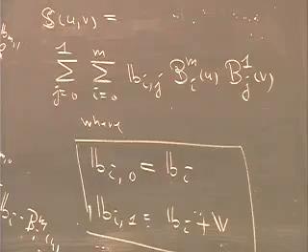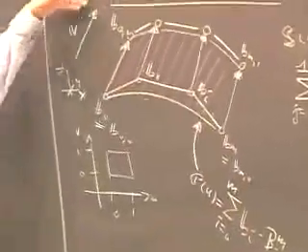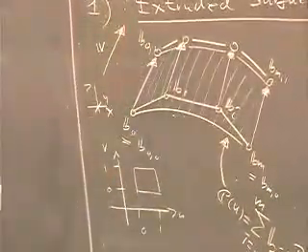Okay. What does the user specify to do this? The user specifies the control points for one curve and the extrusion vector. That's it.